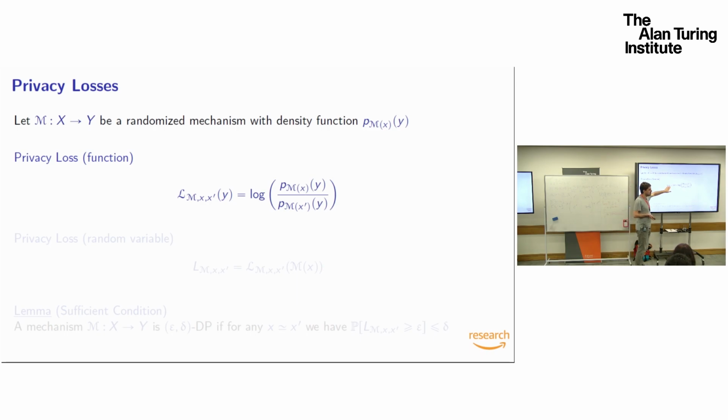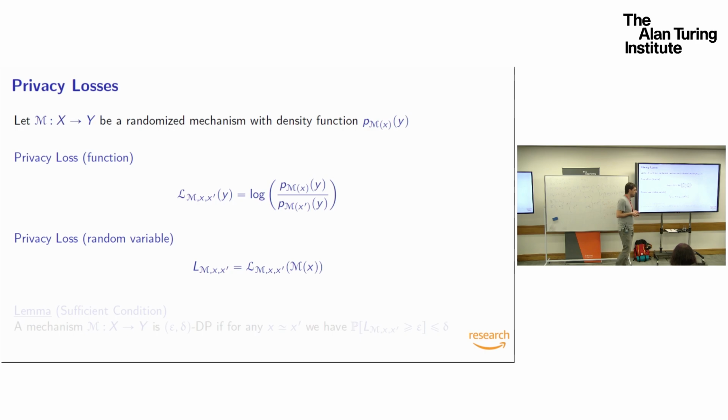Now, if I take this function and I stick a random variable in here, I'll get a new random variable. And when you stick in for y a random variable that is the output of the mechanism on x, you get the privacy loss random variable. That might seem a bit contrived, but if you look back at papers on differential privacy from 2006, 2007, 2008, some of them were using these things, but they were not definitions to be found anywhere.